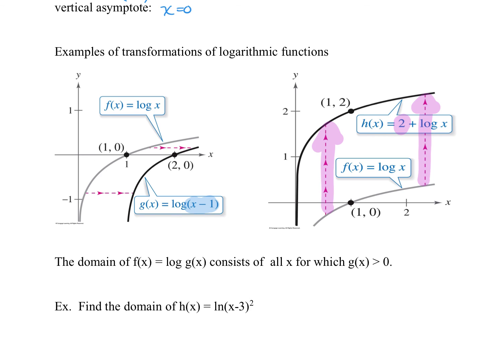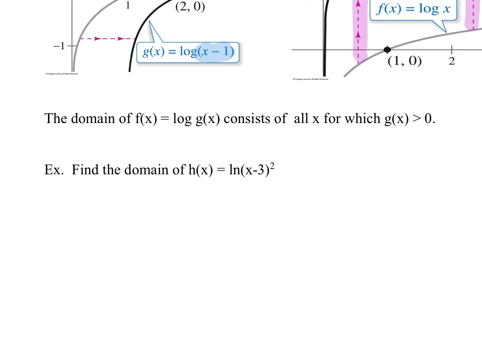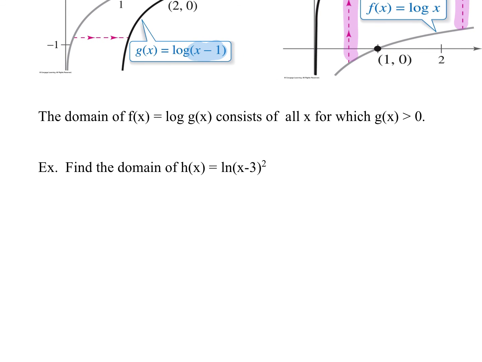What we need to keep in mind as we work through any of these problems is that the argument, or whatever we're taking the log of, this quantity in here, must be greater than 0. So if they ask us to find the domain of, say, h of x here, where we have the natural log of x minus 3 quantity squared, I need x minus 3 quantity squared to be greater than 0.